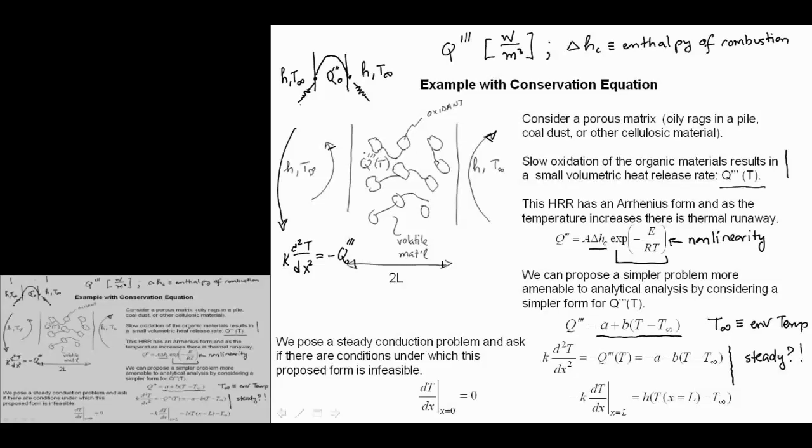I hope that makes sense. So I want you to think about that question. Just in the case with a constant heat release rate, the temperatures have to be higher in the slab.